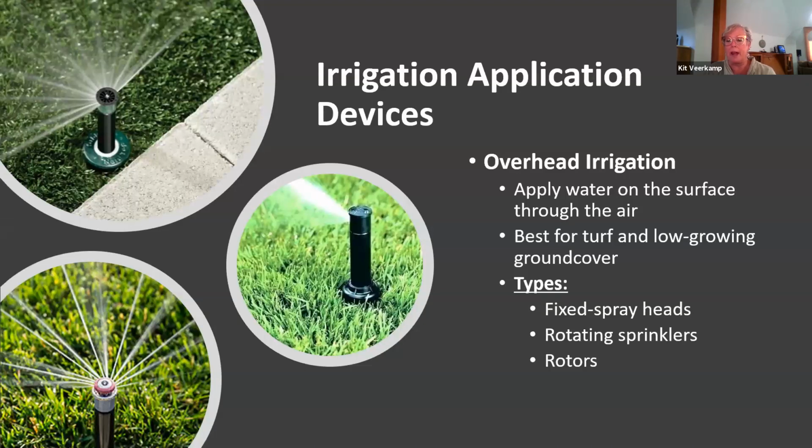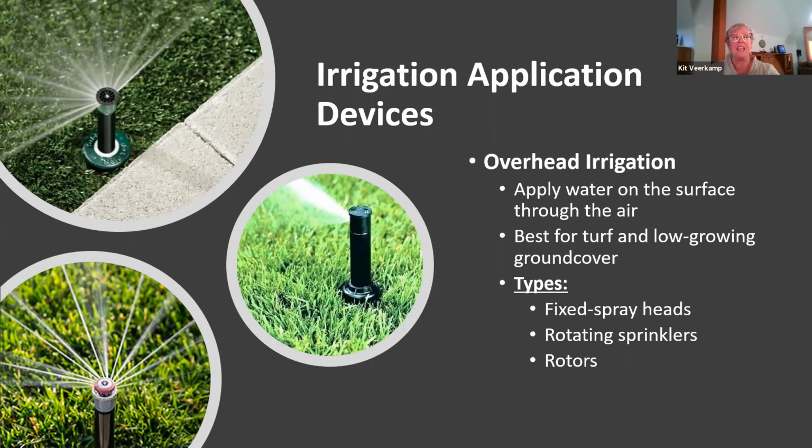There are fixed spray heads that just pop up and are already fixed. It's like a half circle, quarter circle, full circle. Those are fixed spray heads. Rotating sprinklers move the water, and you see the stream change, and then rotors are like these fingers that come out. They're not rotating, but it's just the way that it moves the water.